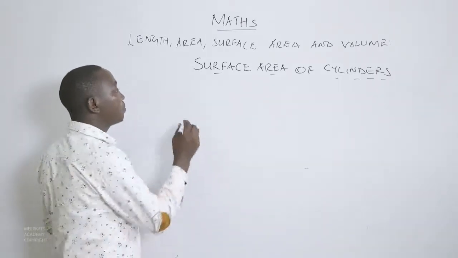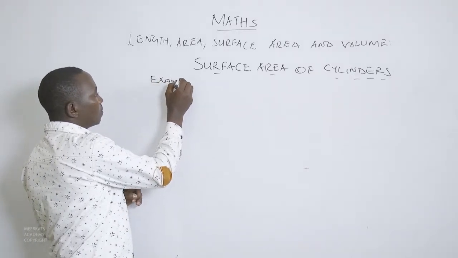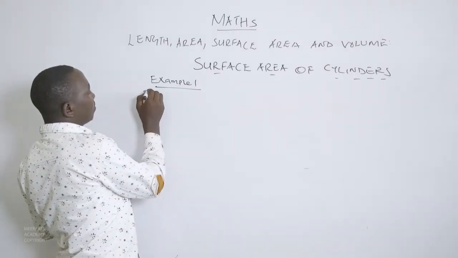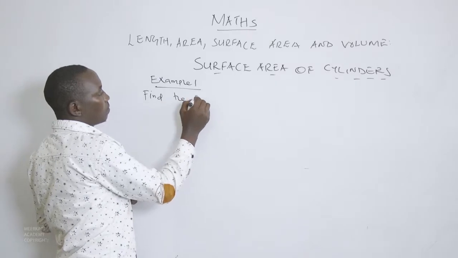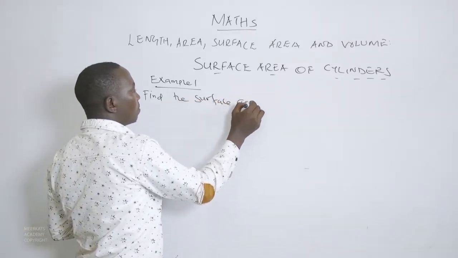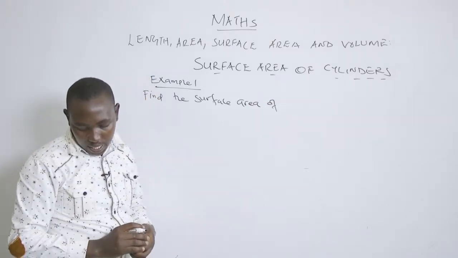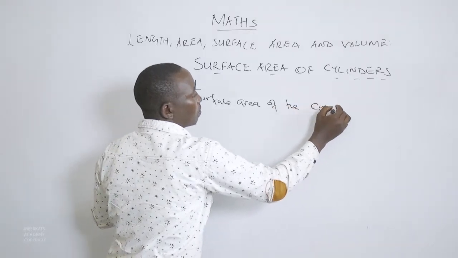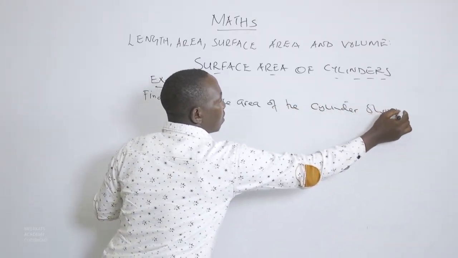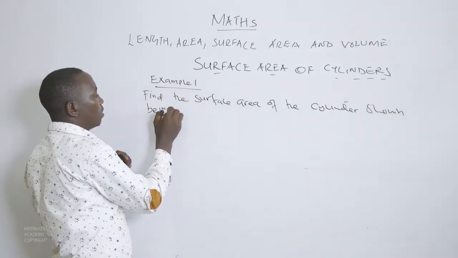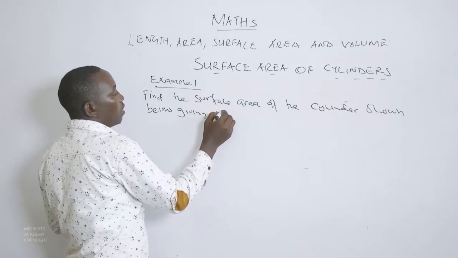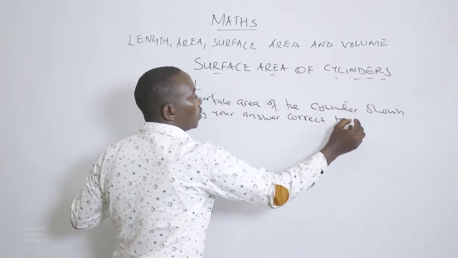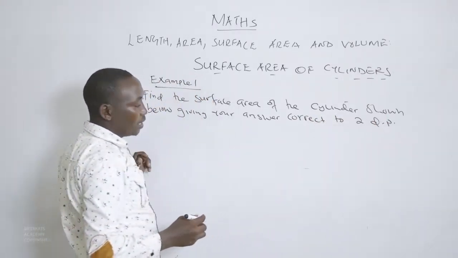Example. Find the surface area of the cylinder shown below, giving your answer correct to 2 decimal places.